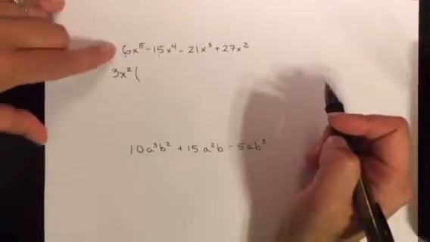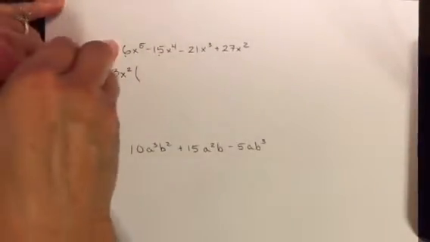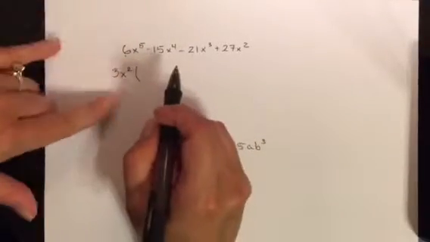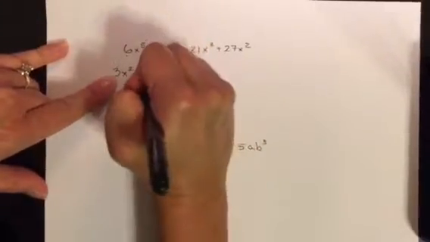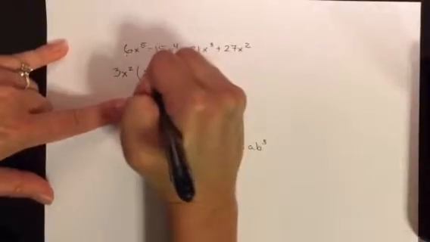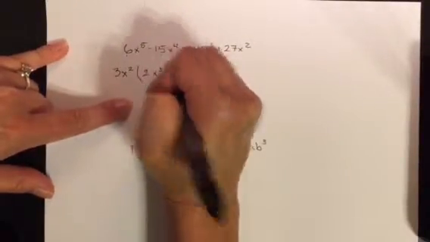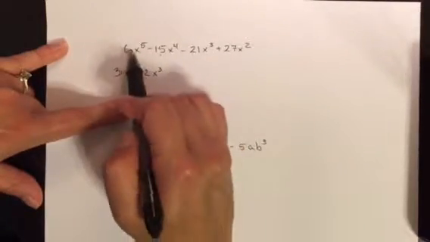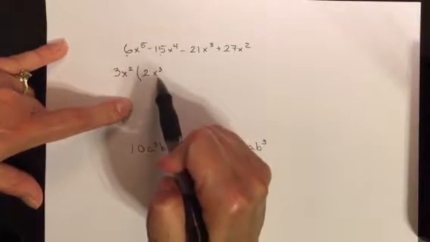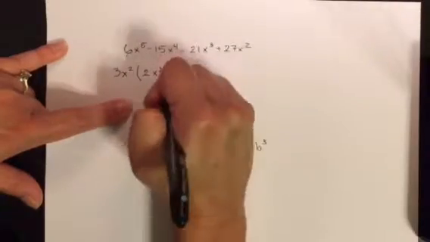Now I need to go through and see what I have to do to get back to my original number. So to get a 6, I'm going to have to multiply by 2, and I'm going to need x cubed, because 3 times 2 will give me 6, x squared times x cubed will give me x to the 5th.